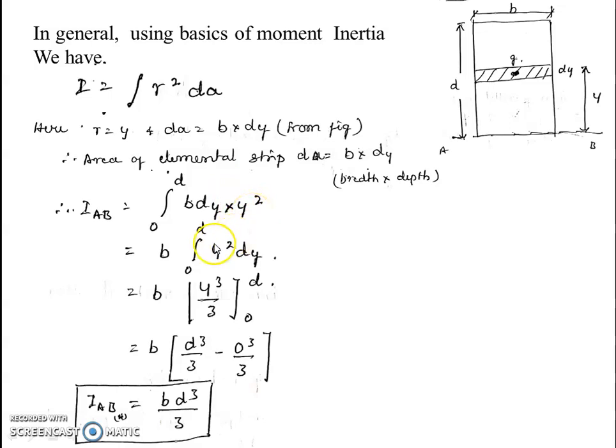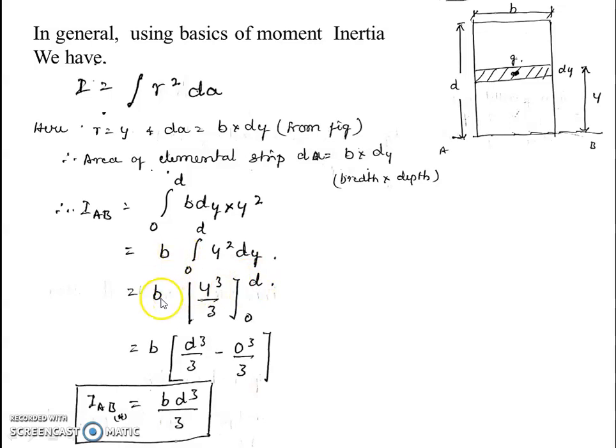I took b as common, and the integral I keep with limits 0 to D, and the distance squared, this is y squared dy. The integral of y squared dy is nothing but y cubed by 3, varying from 0 to D, as written over here.